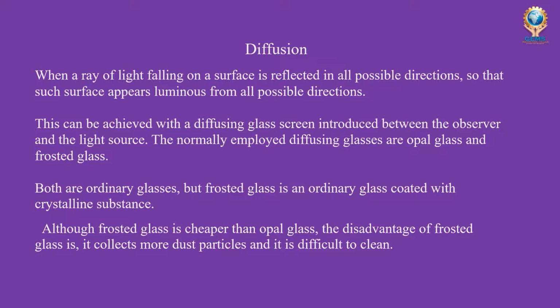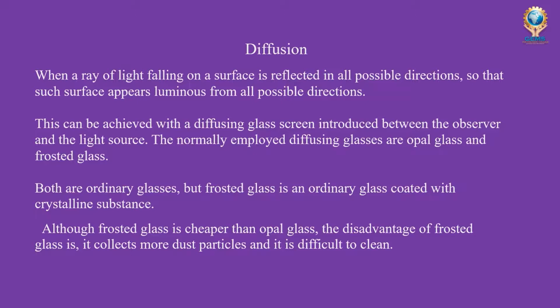This can be achieved with a diffusing glass screen introduced between the observer and the light source. The normally employed diffusing glasses are opal glass and frosted glass. So the glass will play the role, and it will help to spread the light ray in all directions.